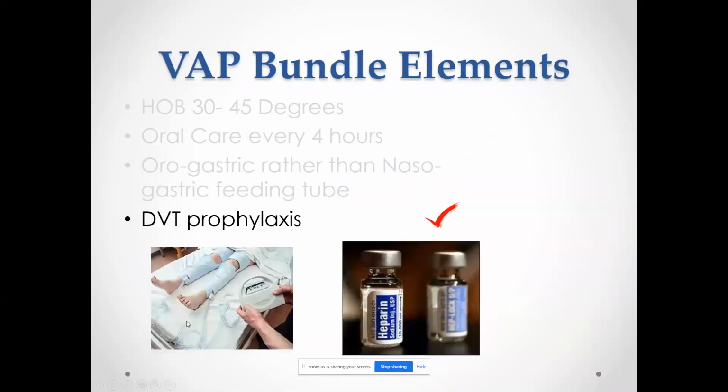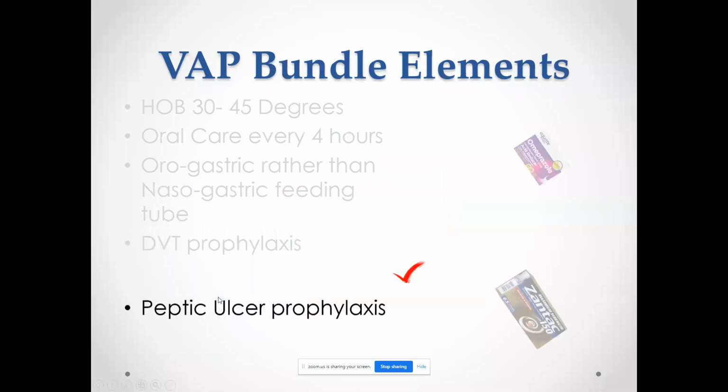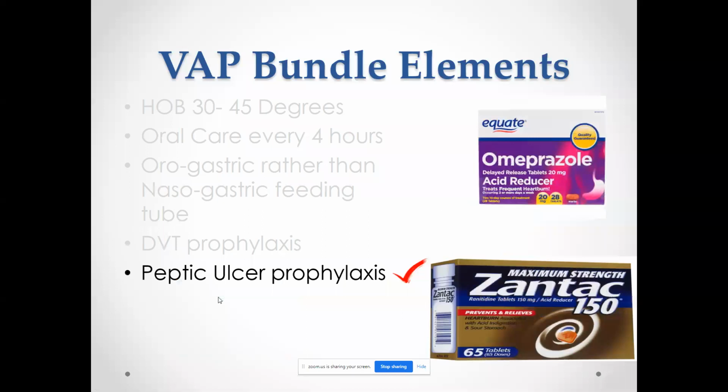DVT prophylaxis مشان just to avoid the deep vein thrombosis، أو ممكن المريض يسمى pulmonary embolism، التجلطات الرئوية. وبيبتيك ألسر prophylaxis مثل الأوميبرازول والسانتاك مثل ما تكلمنا.